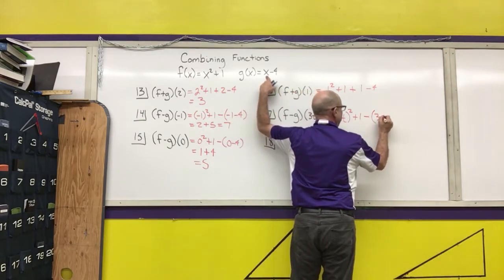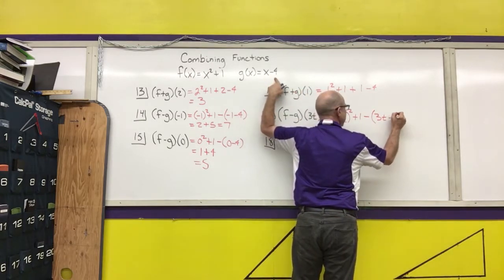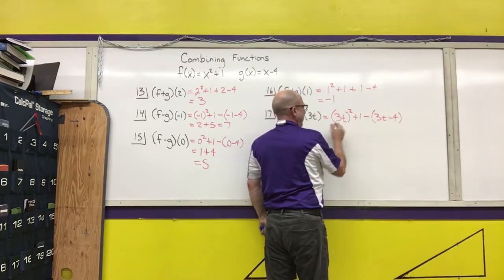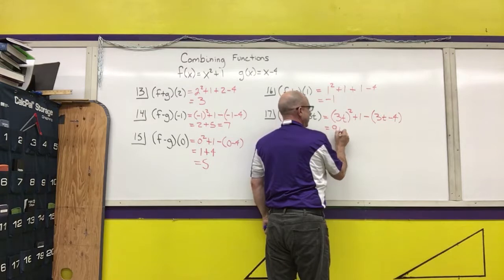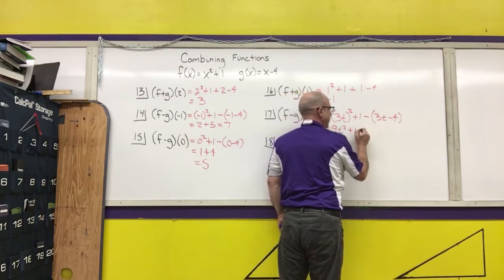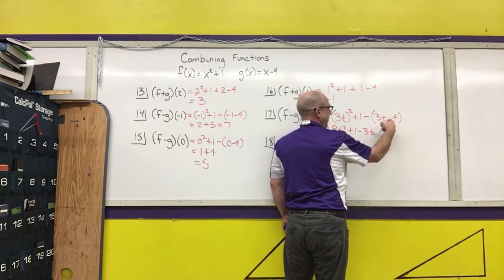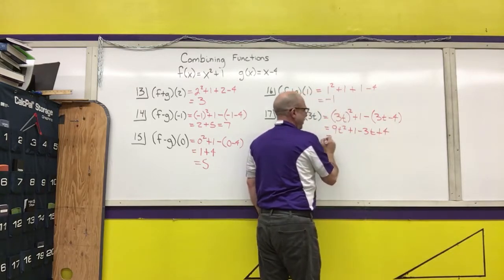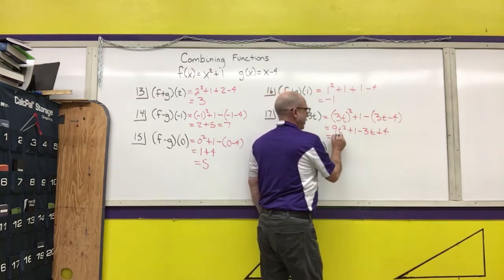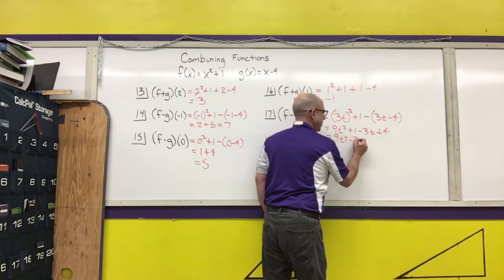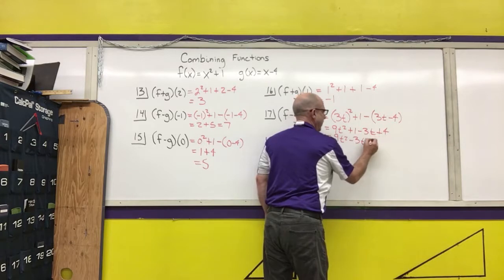So that's 3t minus 4. 3t, quantity squared, is equal to 9t squared, plus 1, minus 3t, minus times a negative is going to be a positive 4. And simplify this and put it in standard form. I get 9t squared minus 3t plus 5.